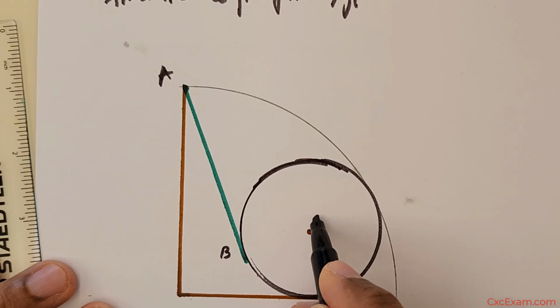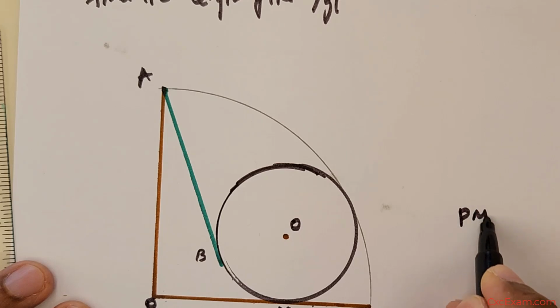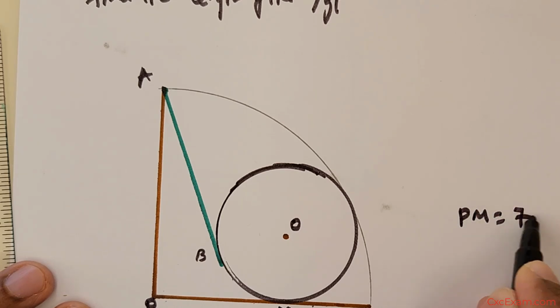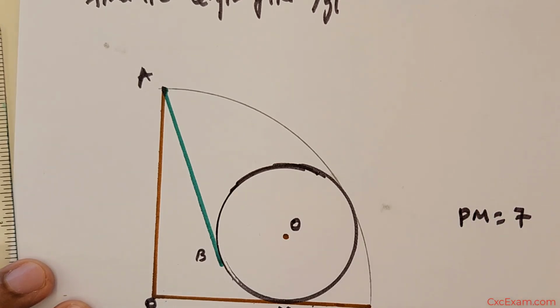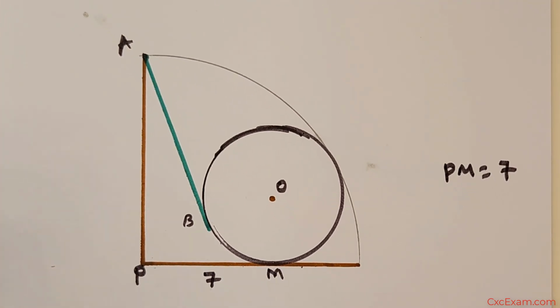Let me take this as O, and let me place this point as M, and this one as P. We are given PM as 7 units. Okay, so you can try this question. I hope you all have got the solution.